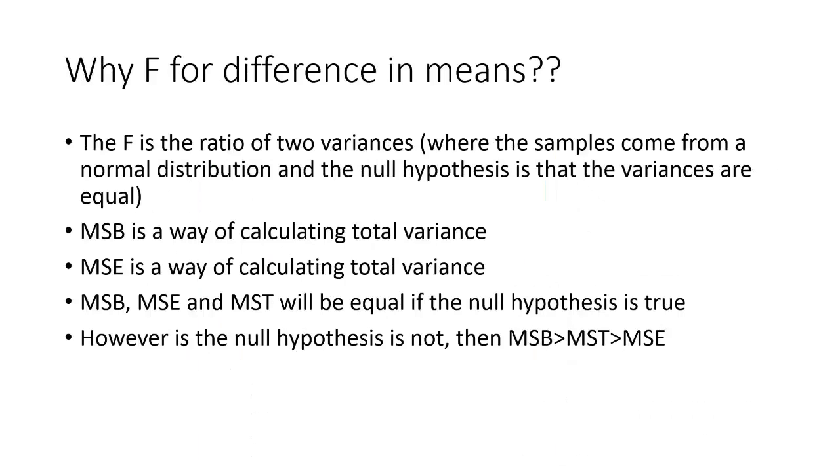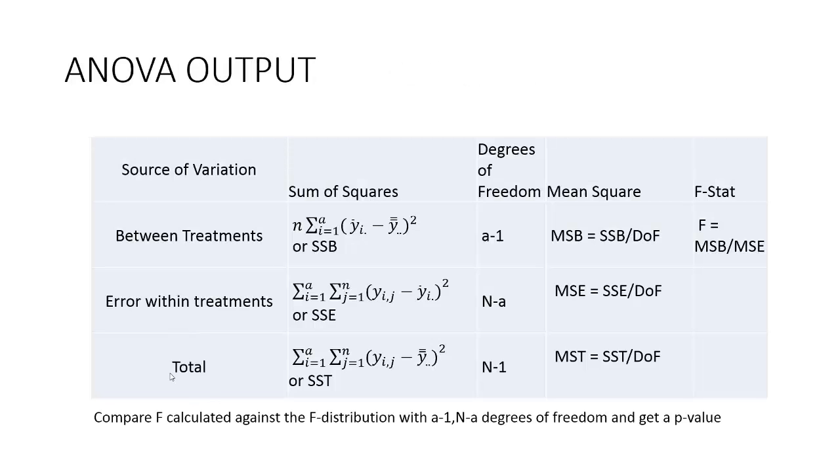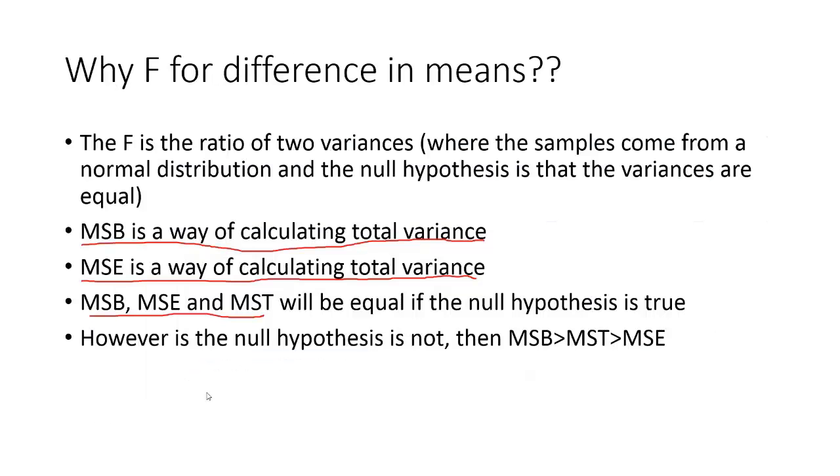The core idea is the following: the mean square between is one way of calculating the total variance. Now mean square error is another way of calculating total variance. These three, which are mean square between, mean square error, and mean square total, are all going to be statistically equal, not actually equal, if the null hypothesis is true.